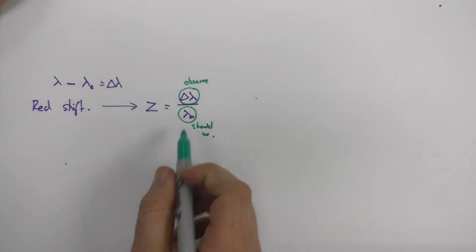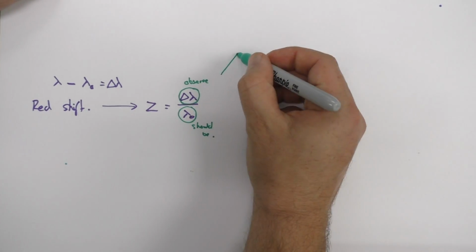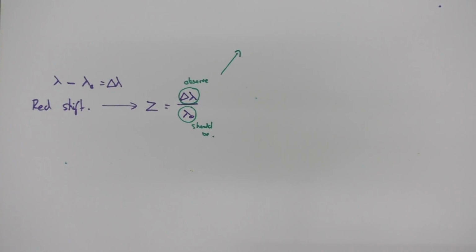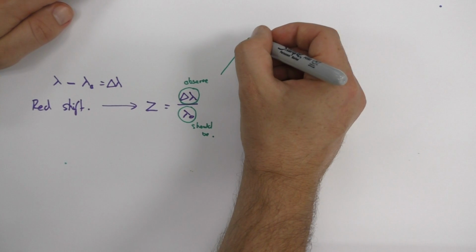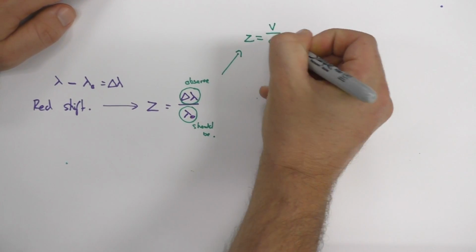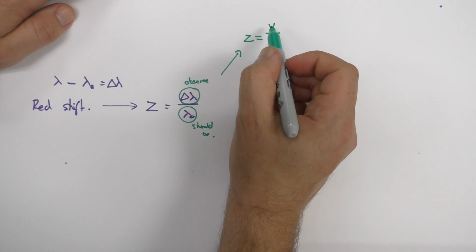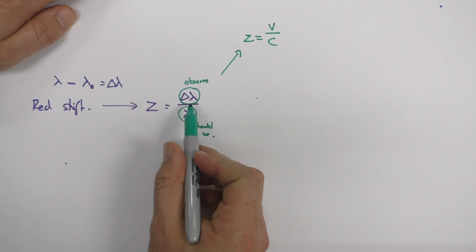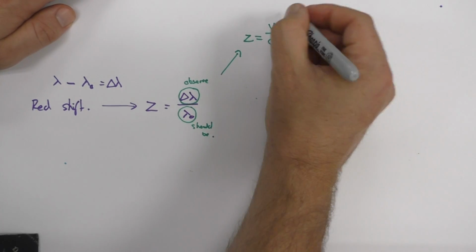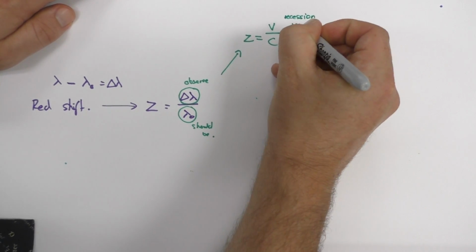And the important thing here is that this gives off a fraction, and that fraction is equal to something very, very important. It's also equal to the velocity of the object that's moving to create this redshift, otherwise known as the recession velocity.